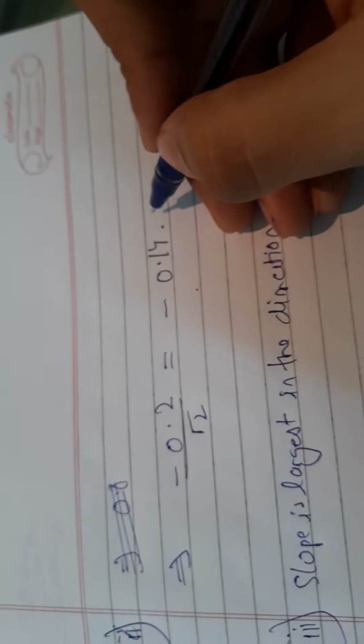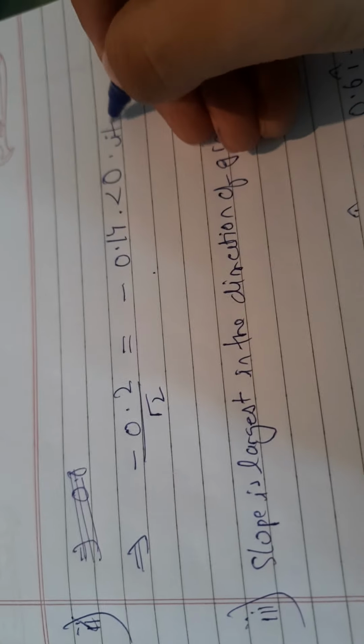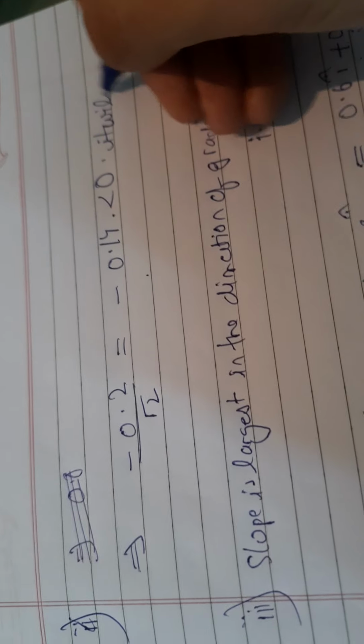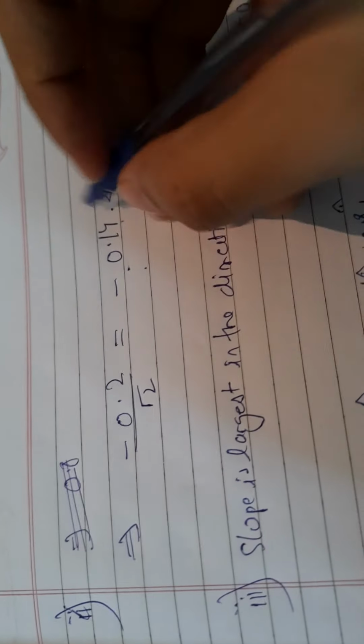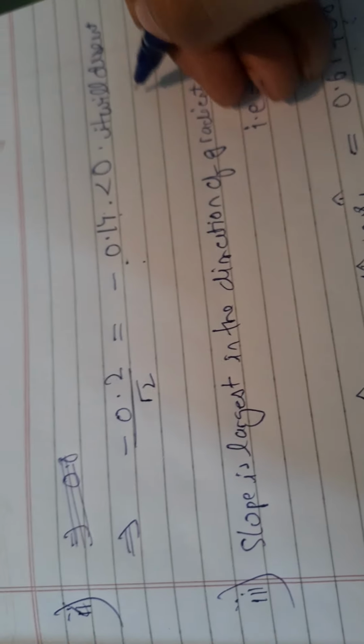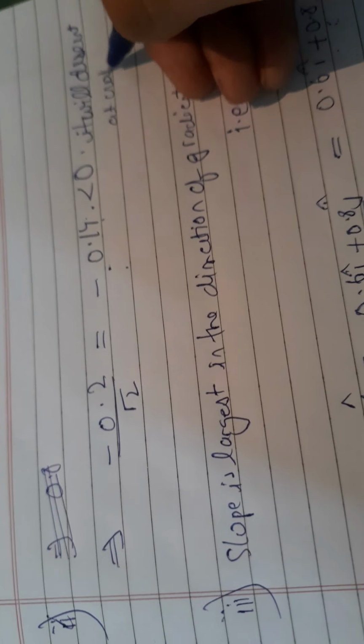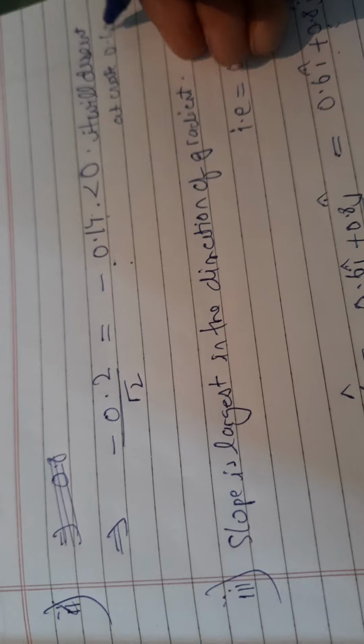The earlier part was negative, so it will descend at a rate of 0.14, and here it will ascend at a rate of 1.